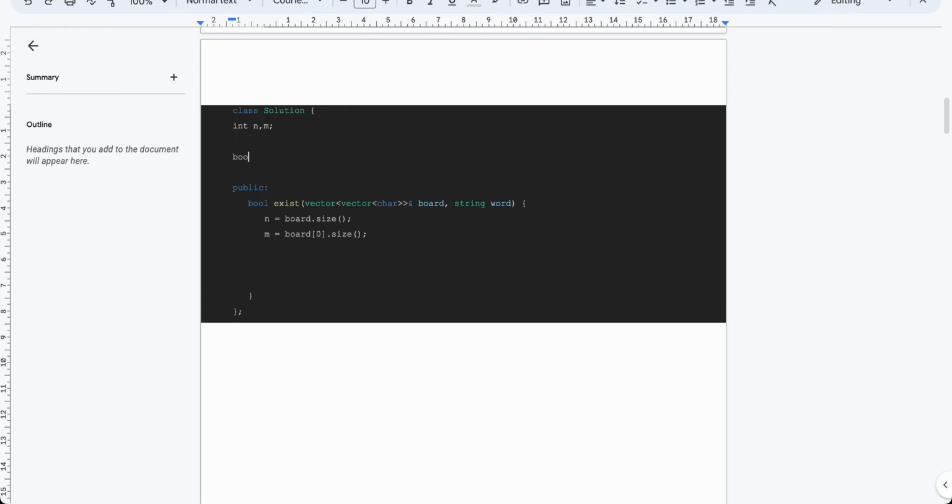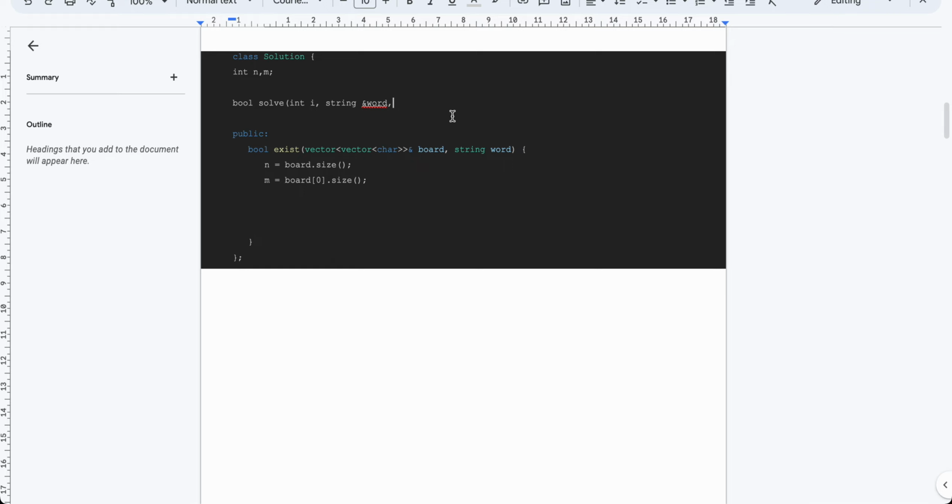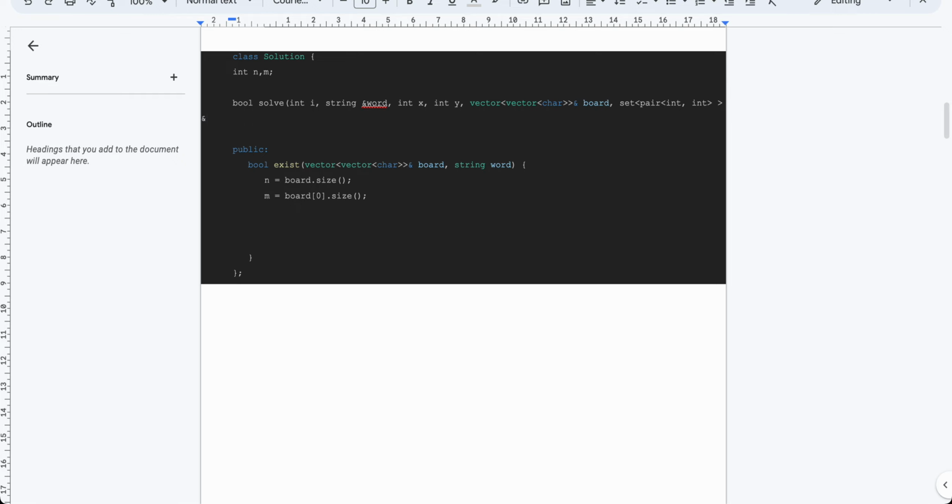Let's write bool sol with string word, and at which location of the board I'm currently present, this board also, as well as the set of pair of integer to integer by reference. What is the path I have taken so far?